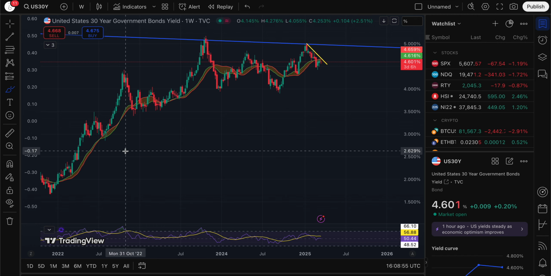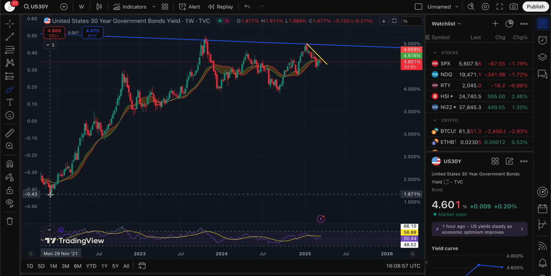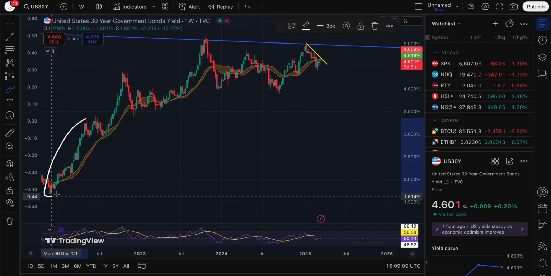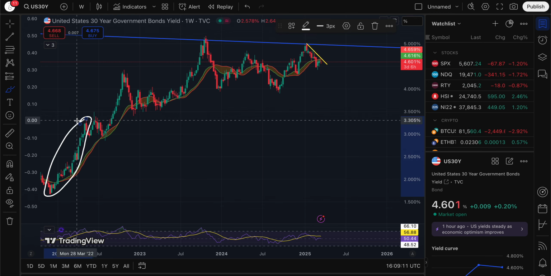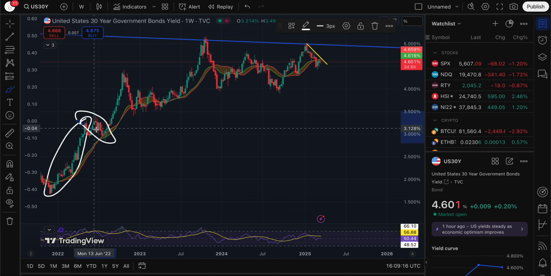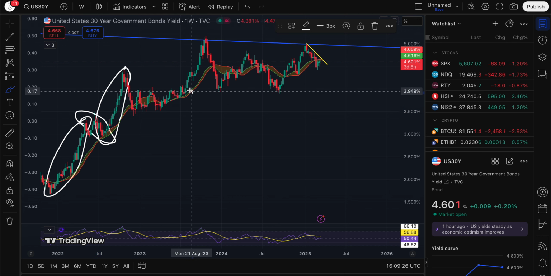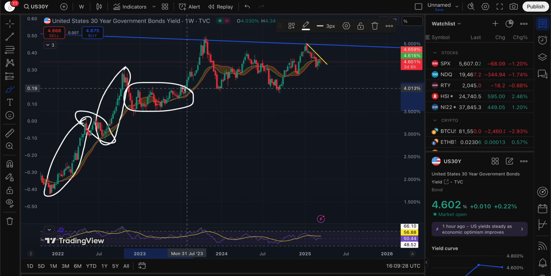And the place I want to start is the end of 2021, beginning of 2022, where we saw the first run up in rates on the 30-year bond, followed by a significant decline, which eventually resulted in another rise in the 30-year yield, which was followed in turn by a holding pattern.